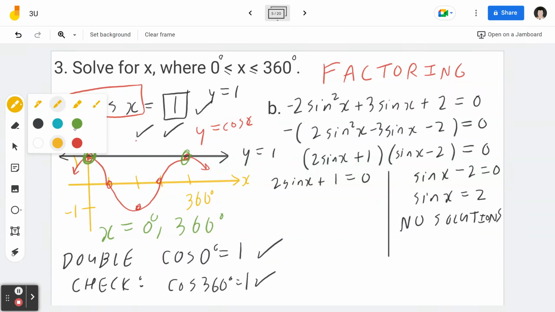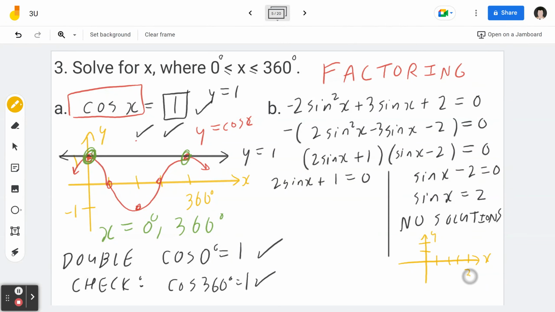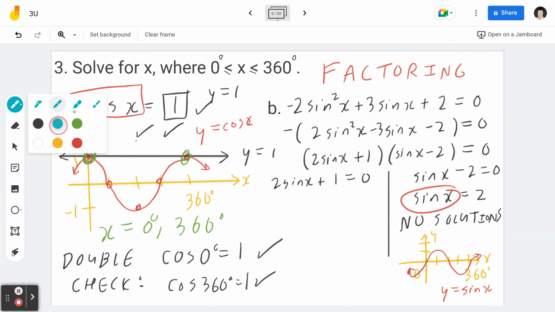But the second reason, the one I really want you to think about, is that if you graph this, if you activate that dual mindset and ask what this really looks like when I draw a graph, in one color sine x is going to be like this. And the other side, 2, means y equals 2.